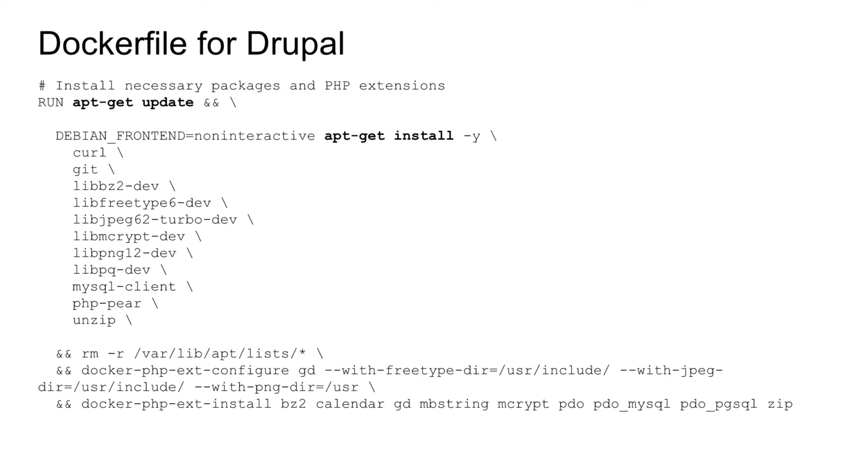Instead of figuring out how to do pecl install, and before you can do that, you need to install pecl itself, you have a nice script that lets you do all that. That's docker-php-ext-install, and you just specify which extensions you want, and it will do the pecl install for you. You can also configure your extension and say this is how the GD module must be configured.